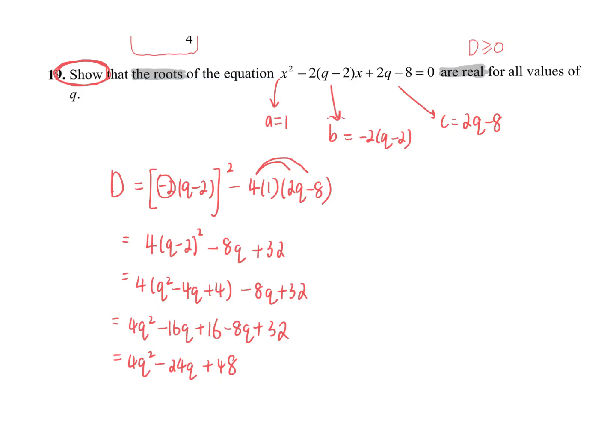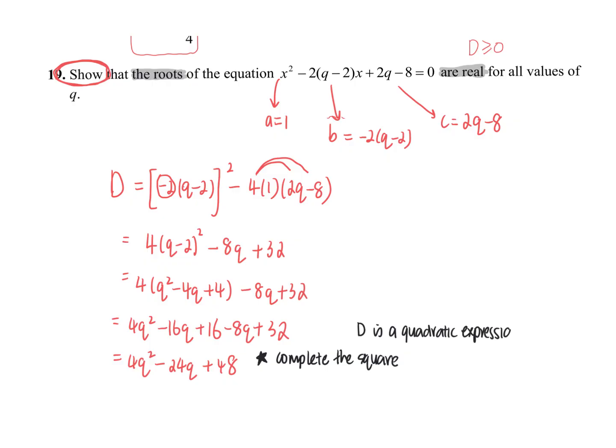So remember, when you reach a quadratic, what do you think you need to do? Not factorize. When you want to show something, you always like to complete the square. So remind yourself, when your D is a quadratic expression, think about completing the square.